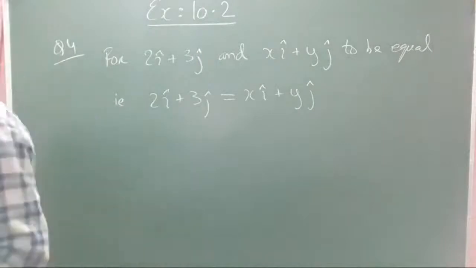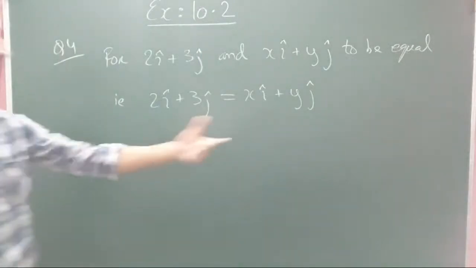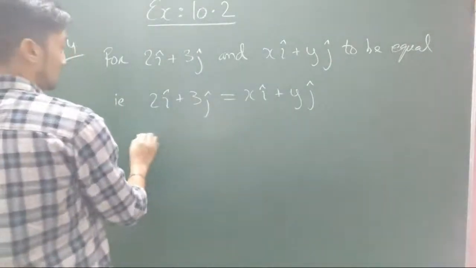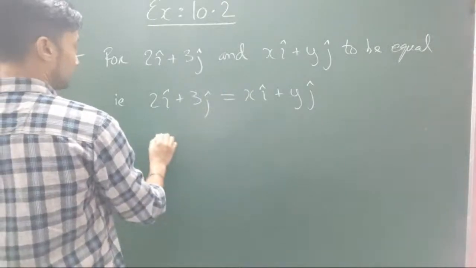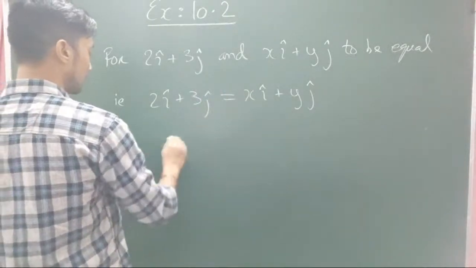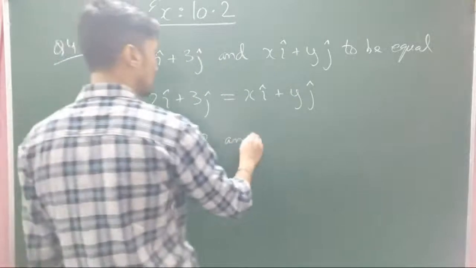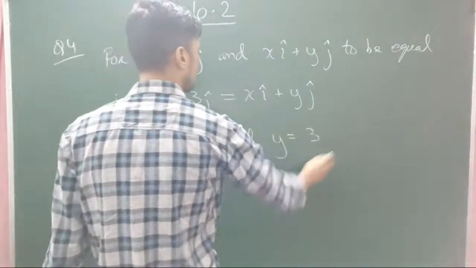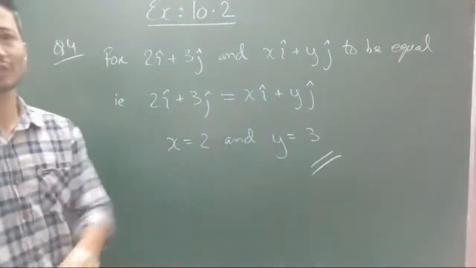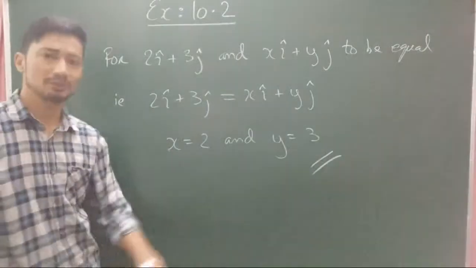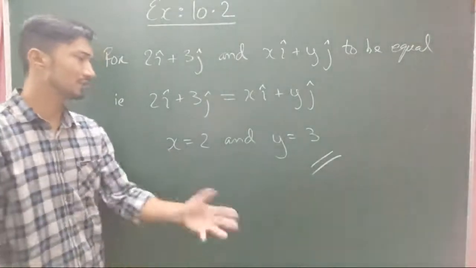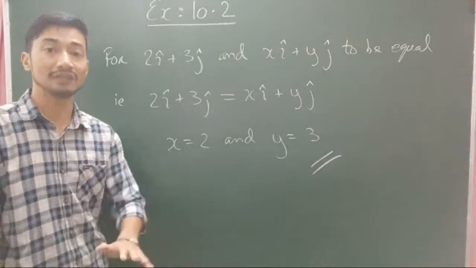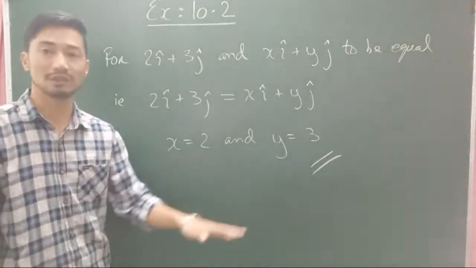Their coefficients also should be equal, isn't it? That is the concept of equal vectors. You can write x should be equal to 2 and y should be equal to 3. Equal vectors, so every term will be equal, not like vectors. Everything should be equal.